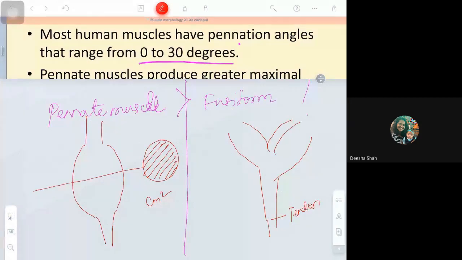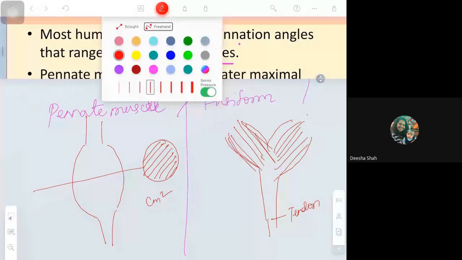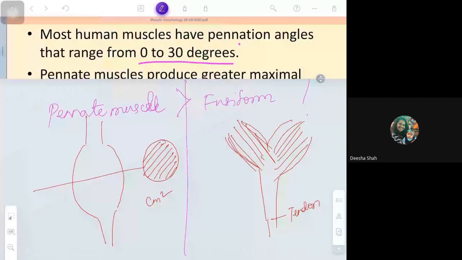Now how will you make the cross section here? You will make the cross section like this, because you have to make the cross section perpendicular to the muscle fiber. So now you will get this much cross sectional area for this muscle.